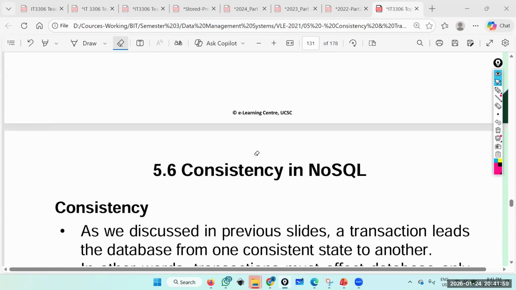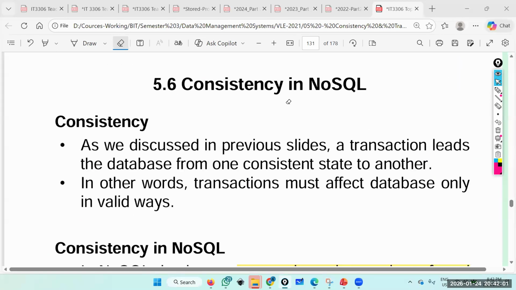Consistency in NoSQL. Remembering NoSQL, it's a different phenomenon, a different philosophy. In relational databases, it's a very strict philosophy because relational databases are for banking transactions, that kind of thing.